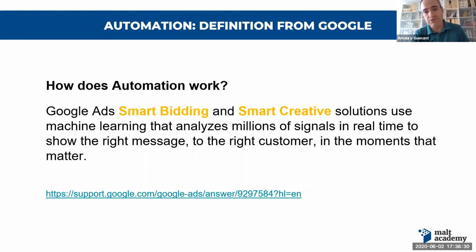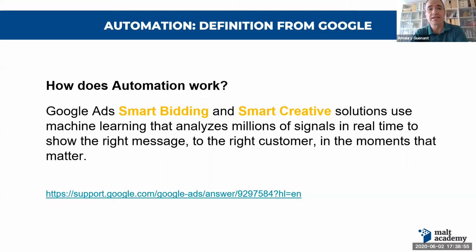And if you add to this the layer of different devices, mobile, tablet, desktop, it's becoming really complex to do things manually, especially when it comes to bidding. That's why, when we talk about automation, Google talks mainly about smart bidding.